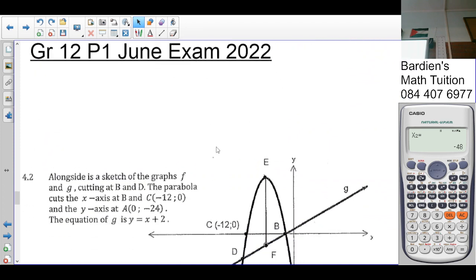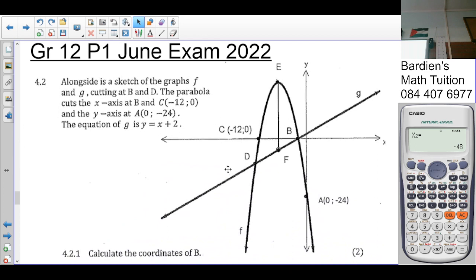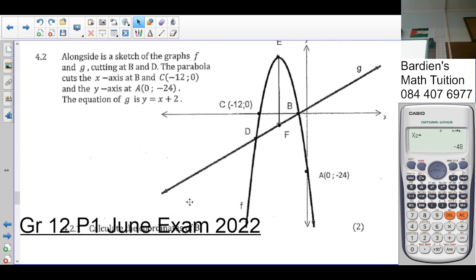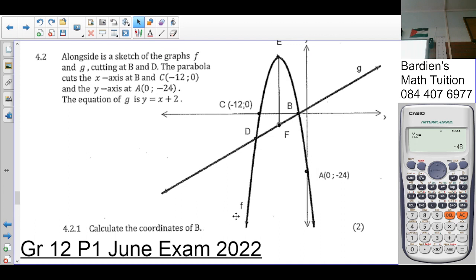Question 4. In question 4, we are told alongside is a sketch of the graphs f and g cutting at B and D. The parabola cuts the x-axis at B and C, which is (-12, 0), and the y-axis at A, which is (0, -24).